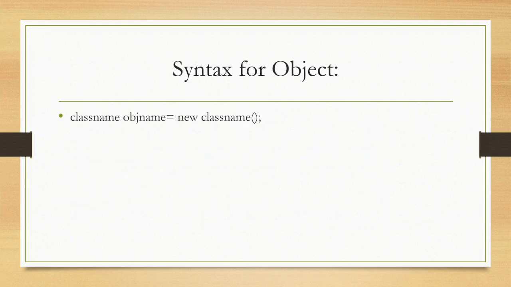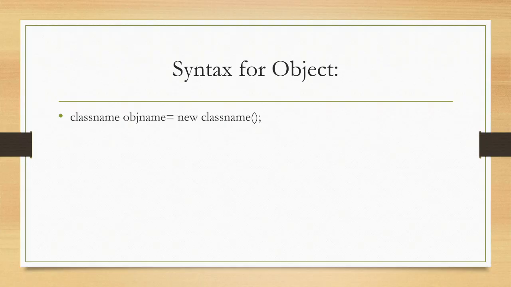This is the syntax for an object: class name, object name equals new class name, and a semicolon. First of all, we put our class name, then we create an object name, then we declare the keyword new, and after that we put the class name and parenthesis.